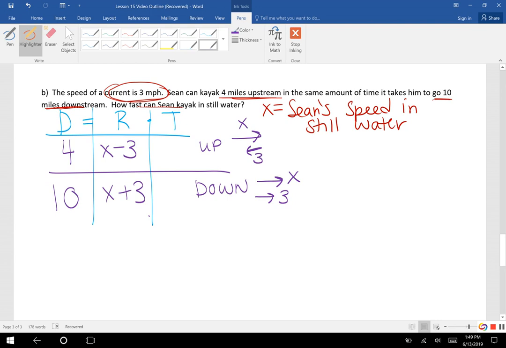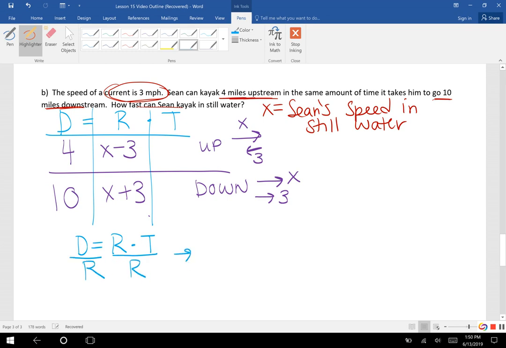Now, we don't actually know anything about the times, other than the two times are going to be equal. And so here's where we're going to use our relationship to fill out the time column. So if distance equals rate times time, then if we divide both sides by r, we get an equation for time.